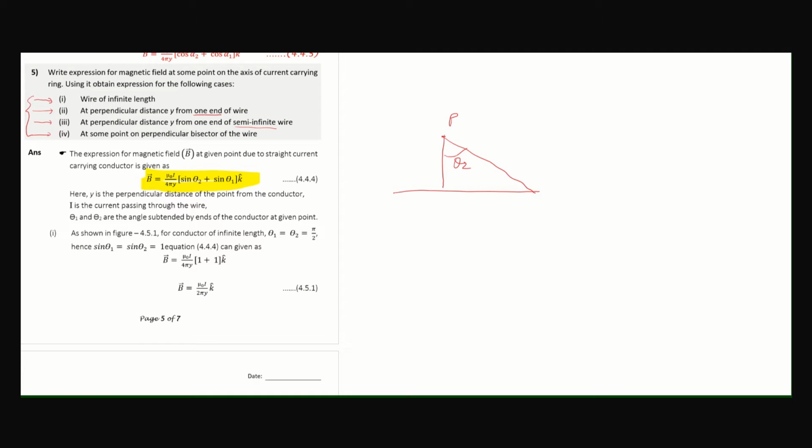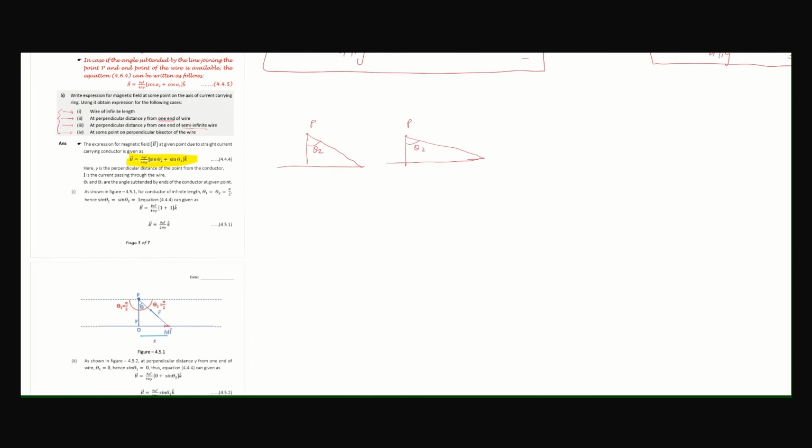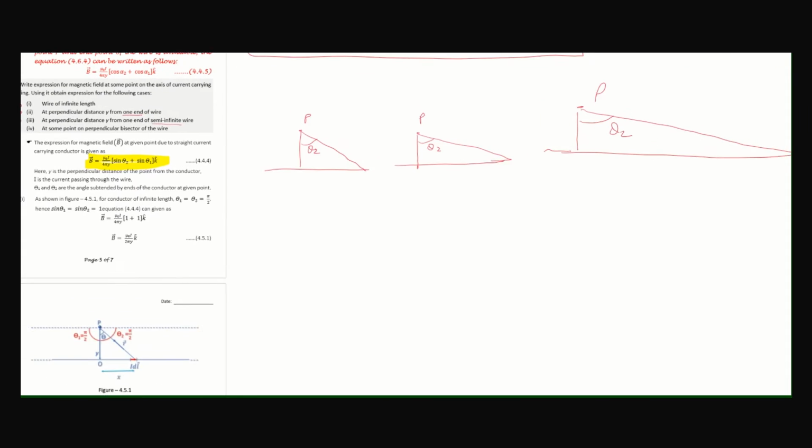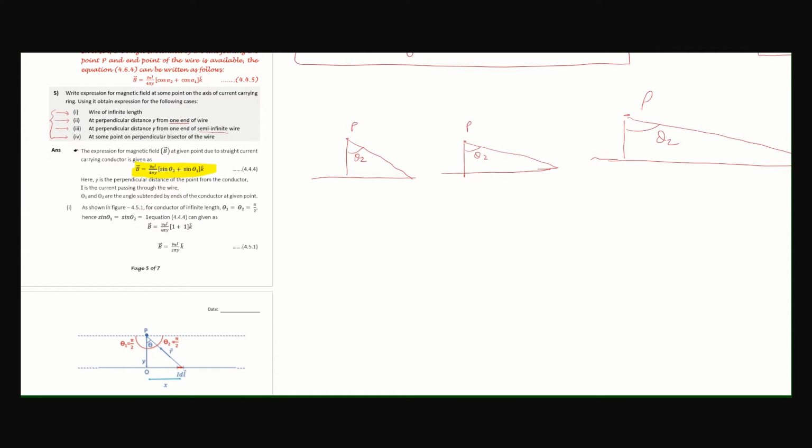Now what if I consider a wire of slightly bigger length? Look at theta now. Theta is more, isn't it? And if you still increase the length and again consider point P, theta is increasing. Similarly, if I consider the wire to be of infinite length, what will happen to theta?